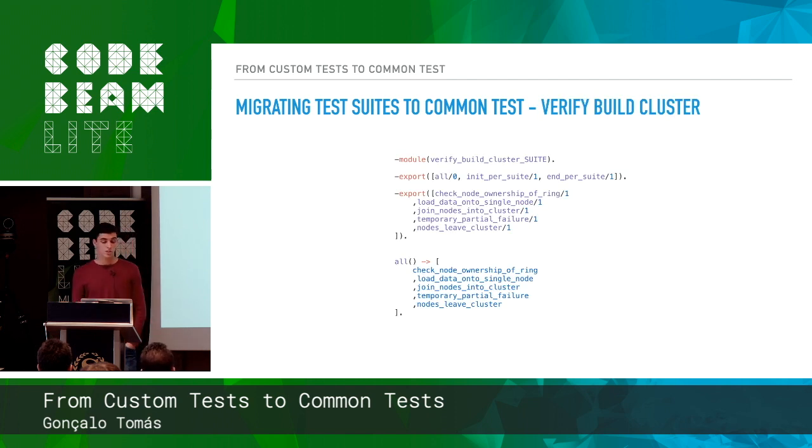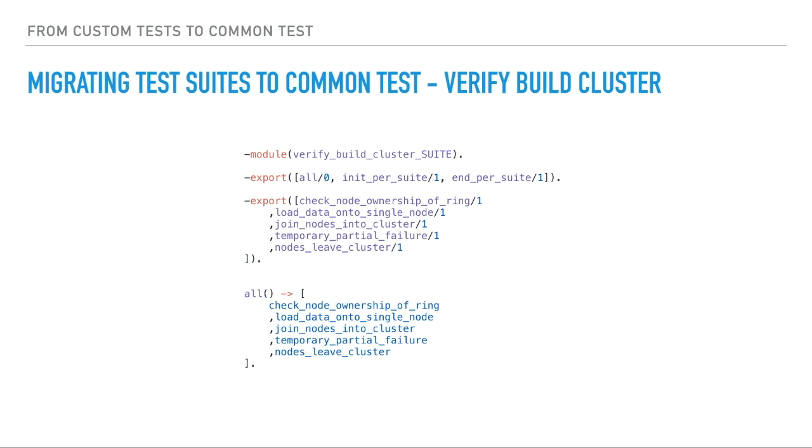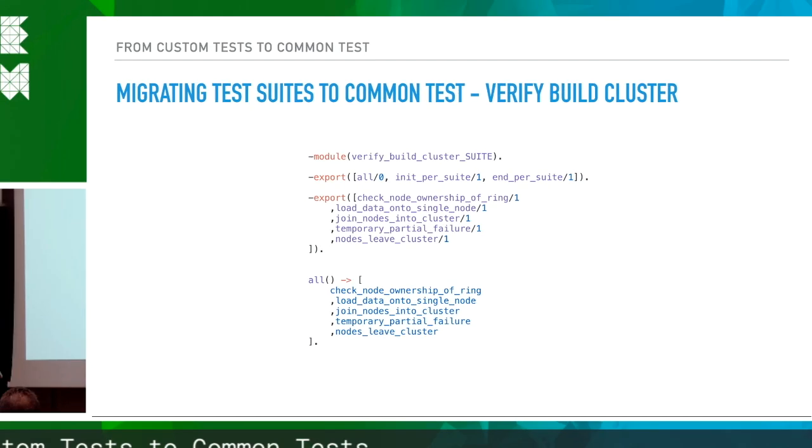So the verify build cluster test that I showed you before, in fact, on those lines of code that we saw, didn't exactly test one thing. It actually tests 5. This is just the header, the beginning part of the file, where you can see that there are exactly 5 tests that are being done.